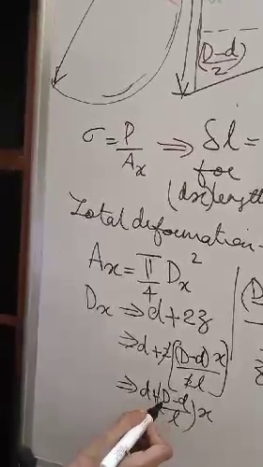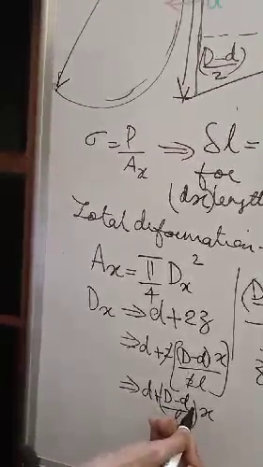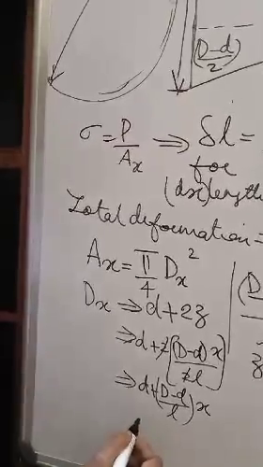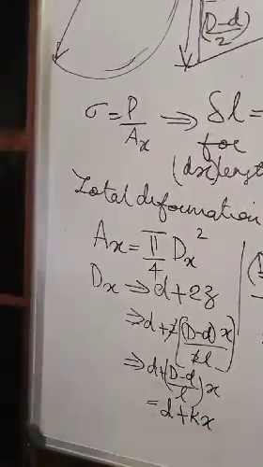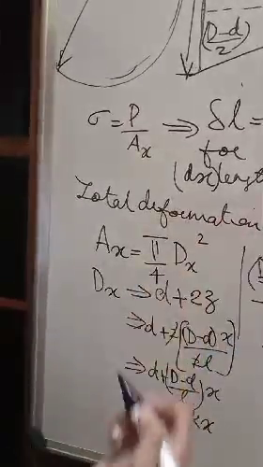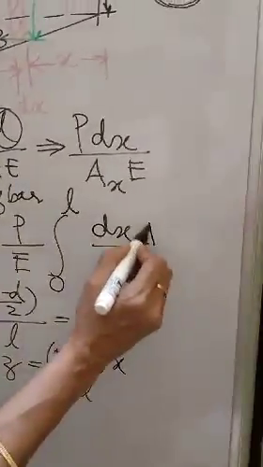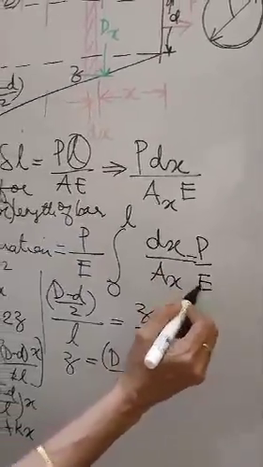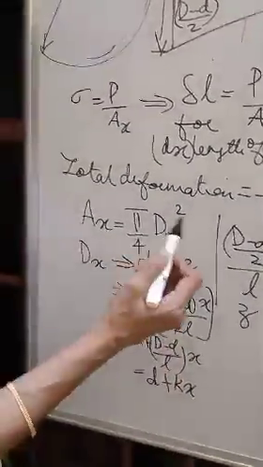So capital D, small d and L are all constant. This is the bigger diameter, this is the smaller diameter, and this is the length of the bar. So you can rewrite this as d plus Kx. Coming back to this expression, you can again write this as equal to P by E, where Ax is now pi by 4 into (d plus Kx) the whole square.